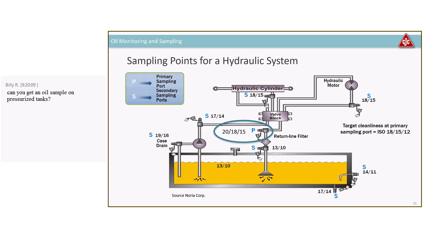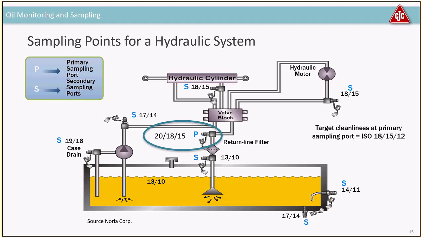So that will be equal to a 20/18/15. So this is above what you want. Your target is 18/15/12, so this is higher. So you want to have a look at where the actual particles are being generated, and it looks like in this case it's actually the main pump. You can see the case drain here, so the main pump is generating a lot of wear.